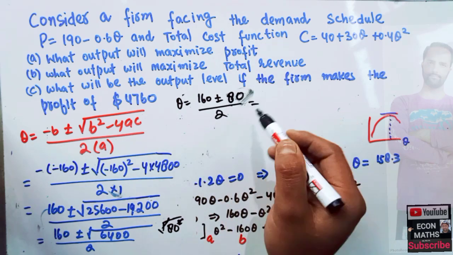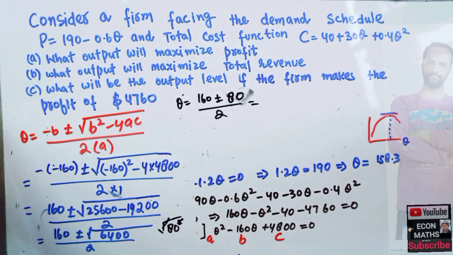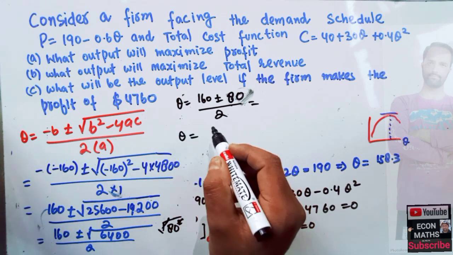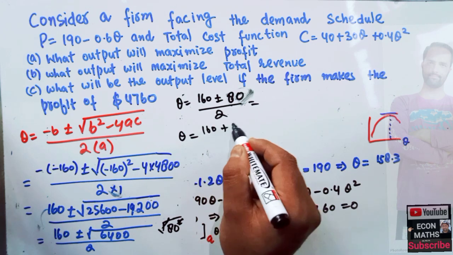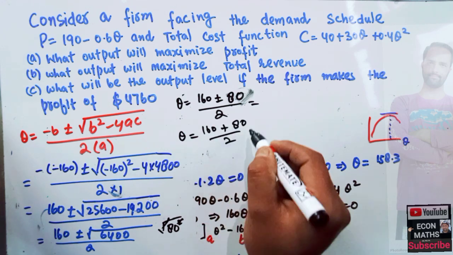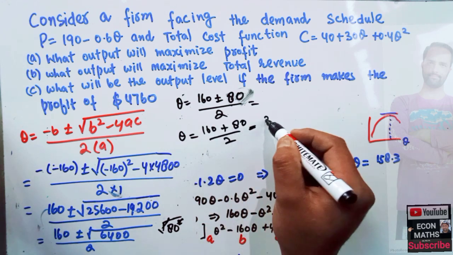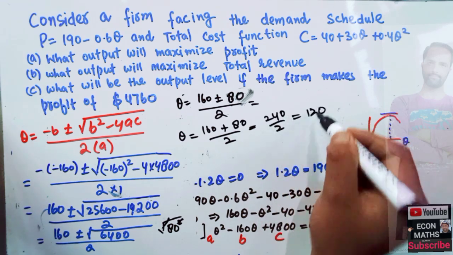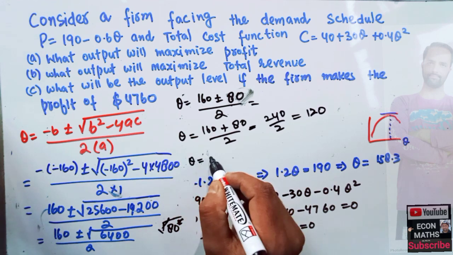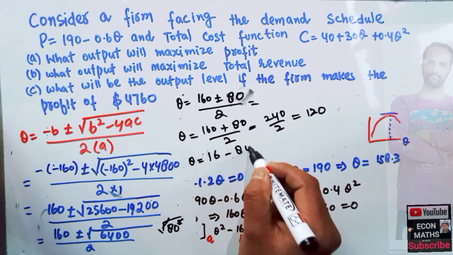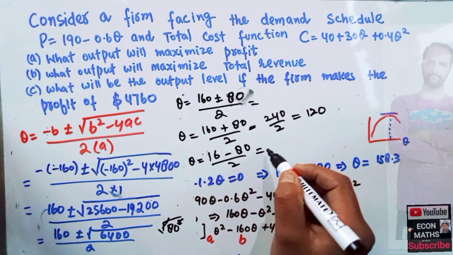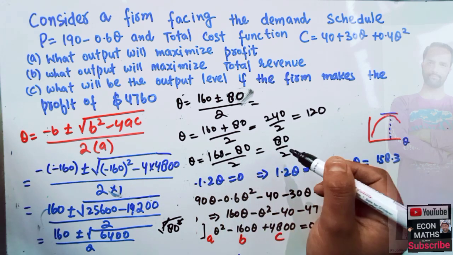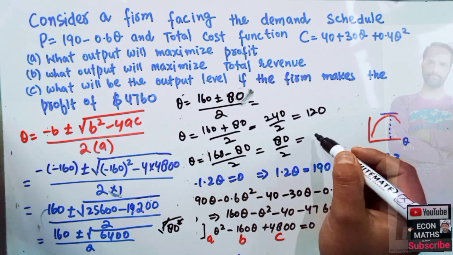We get two values for q: 160 plus 80 divided by 2, which is 240 divided by 2, which comes out to be 120, and the other is q equal to 160 minus 80 divided by 2, which is 80 divided by 2, which comes out to be 40.